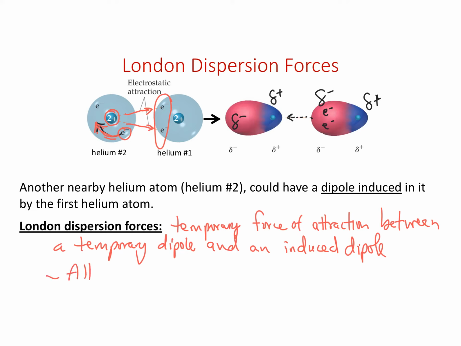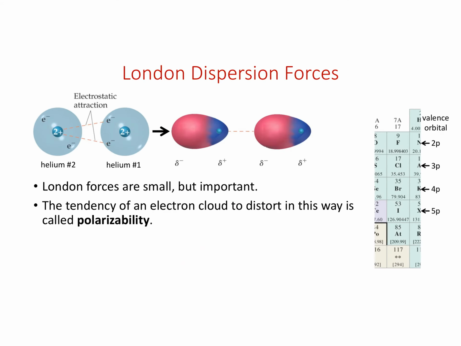So all molecules, and this is very important, have London dispersion forces, right? Abbreviated LDF. These London dispersion forces, yes, are the smallest force we've looked at, 1 kilojoule per mole, but they are very important because all molecules have London dispersion forces.